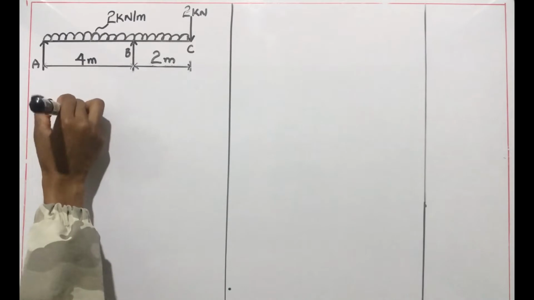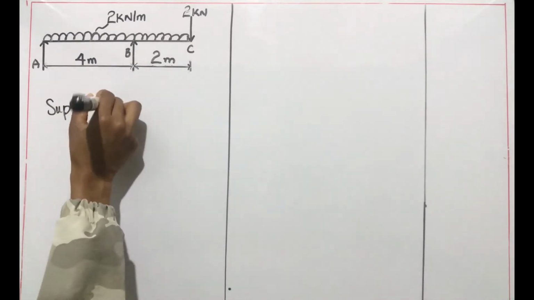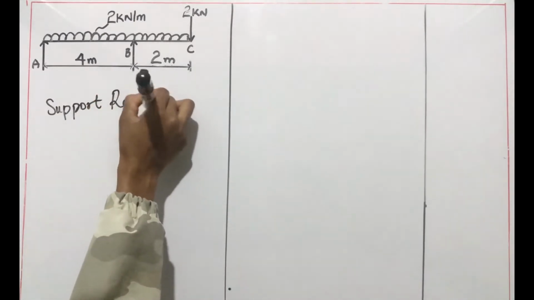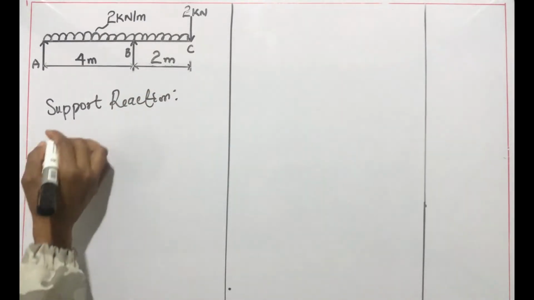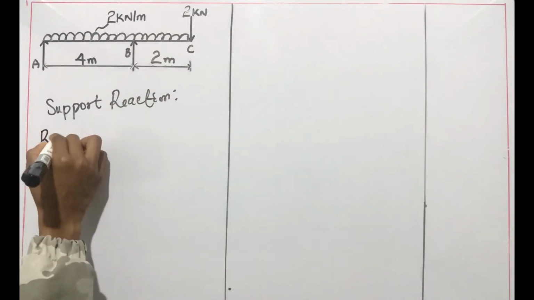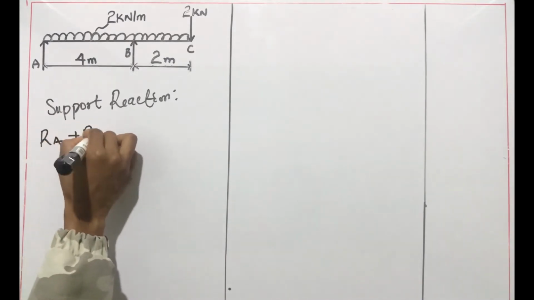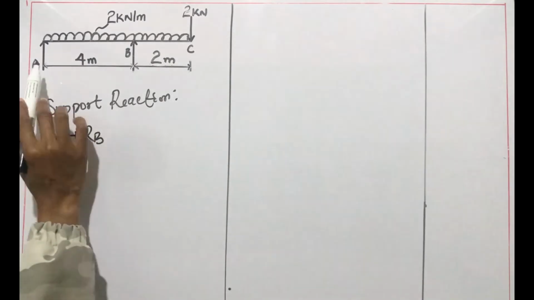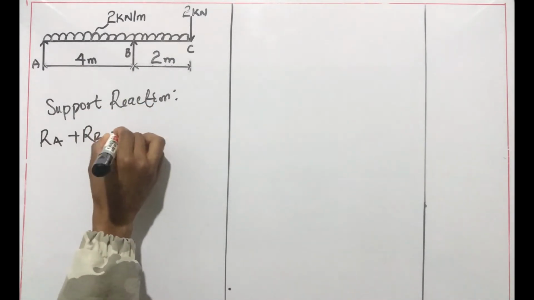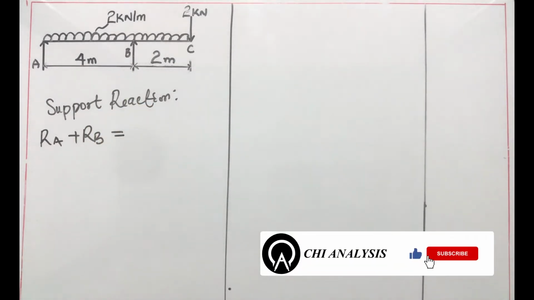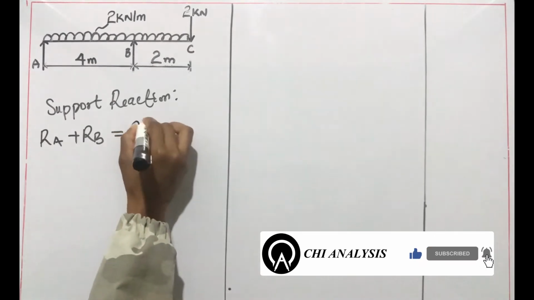The first thing to start with is a support reaction. We have 4 points to consider: RA, RB, 2 kilonewton per meter, which is a UDL, and 2 kilonewton, which is a point load.